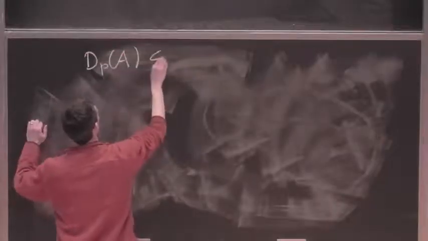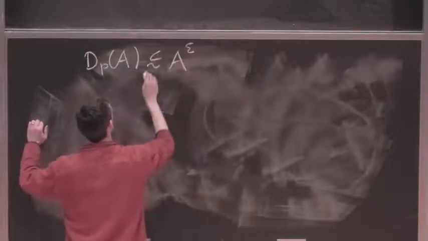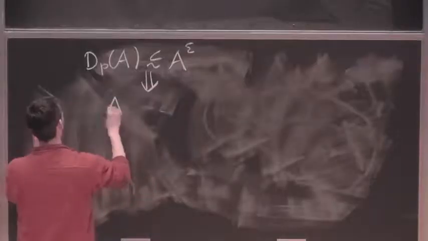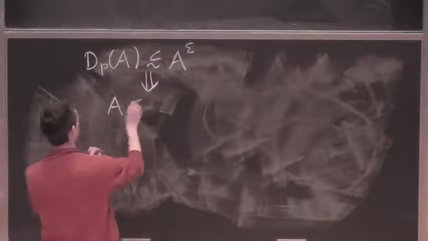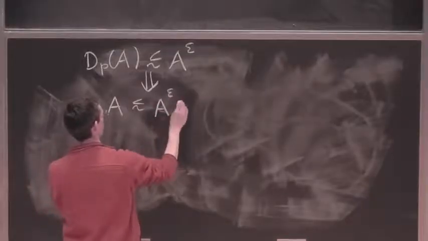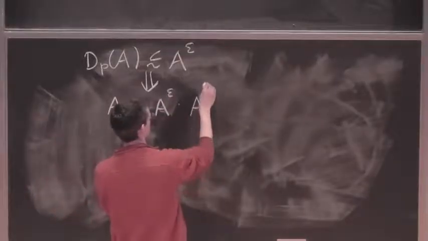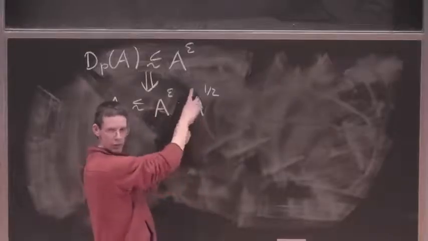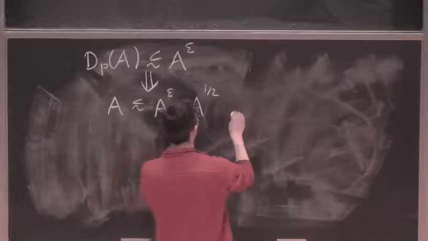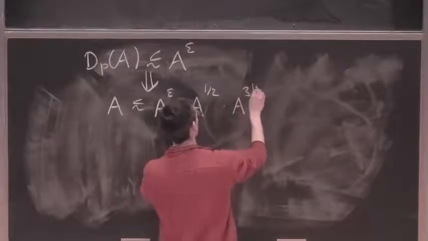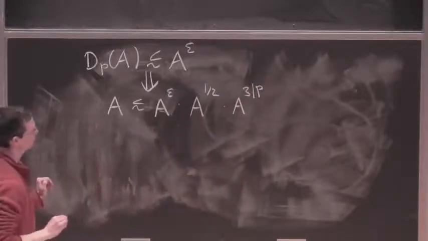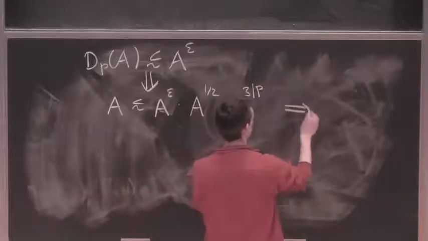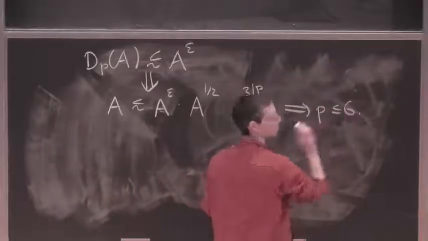So if we had that D_p of a grew like a to the epsilon, then we would have the LP norm of f would be bounded by a to the epsilon, the decoupling constant, times a to the 1/2, because we have a terms, and we have a square root cancellation, times the size of each term. We have this, and that tells us that p would have to be at most 6.